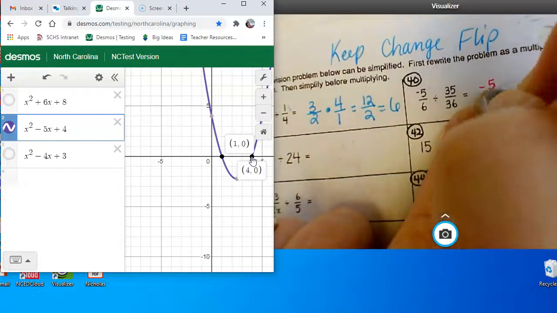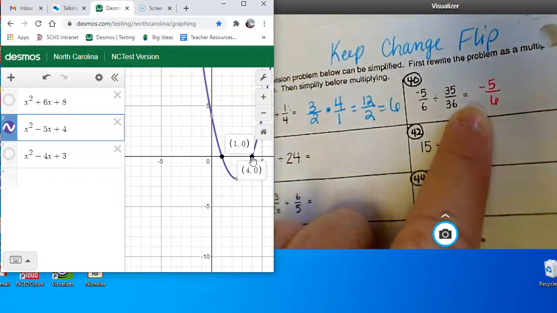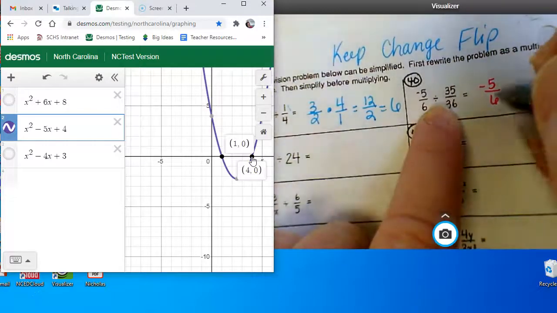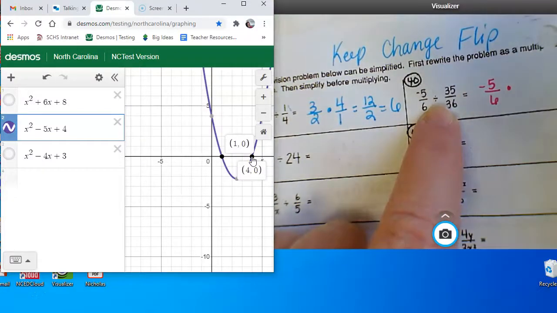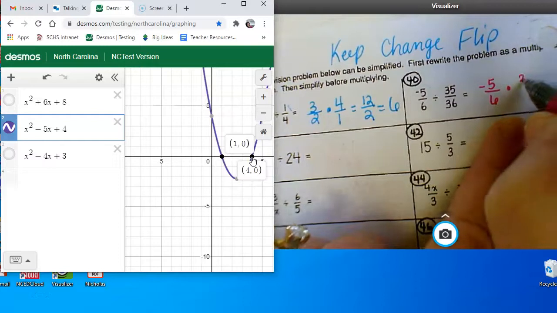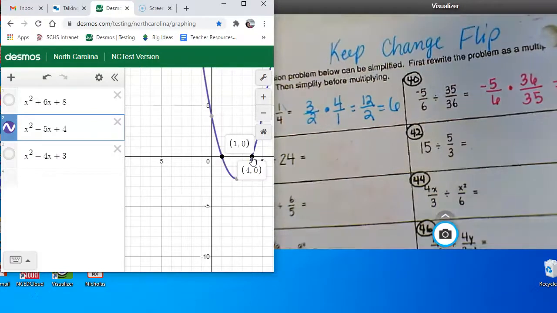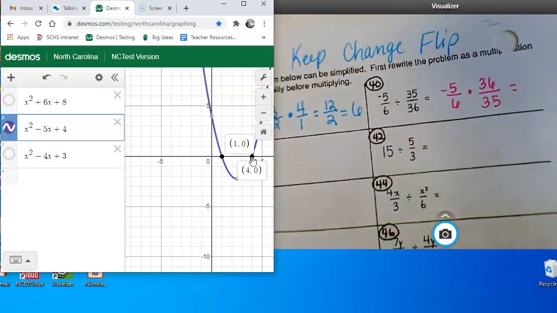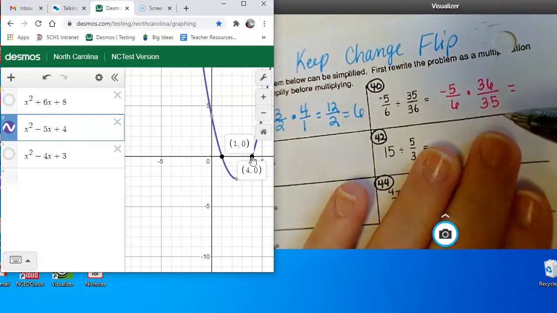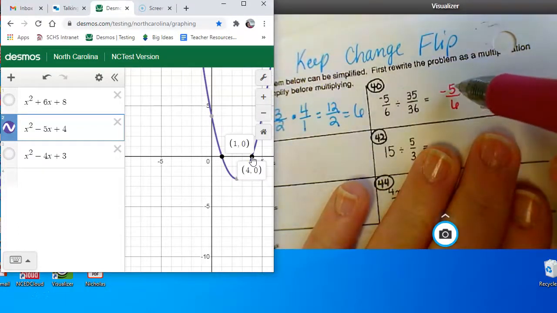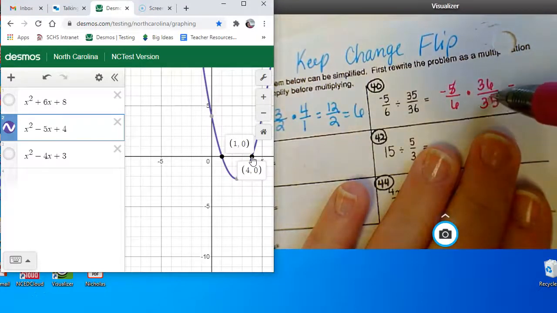So this one right here, we've got negative 5 over 6. Because we're going to keep that. We're going to change this to times. And we're going to flip that. Again, like you can multiply like we did on the last one across and then divide. The other way you can do it is easier on this problem, so that's why I wanted to show it to you. You can divide the 5 by 5 and the 35 by 5.